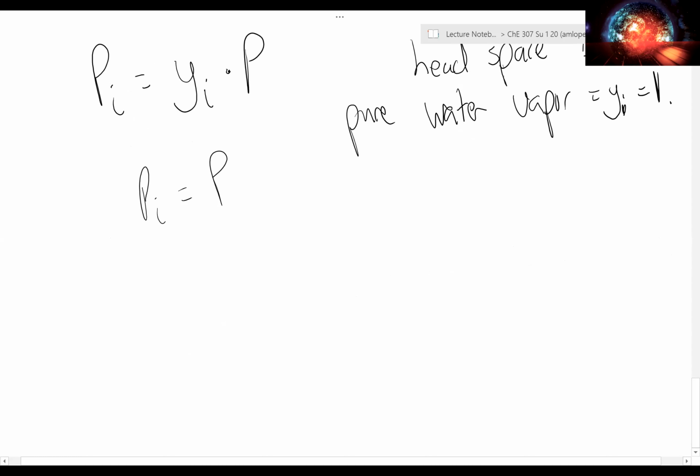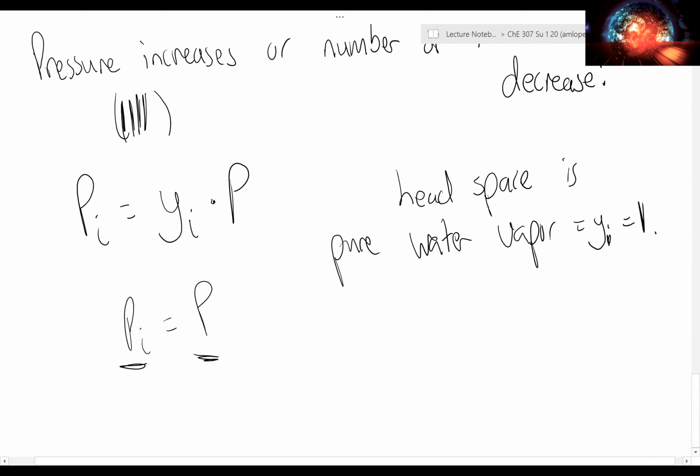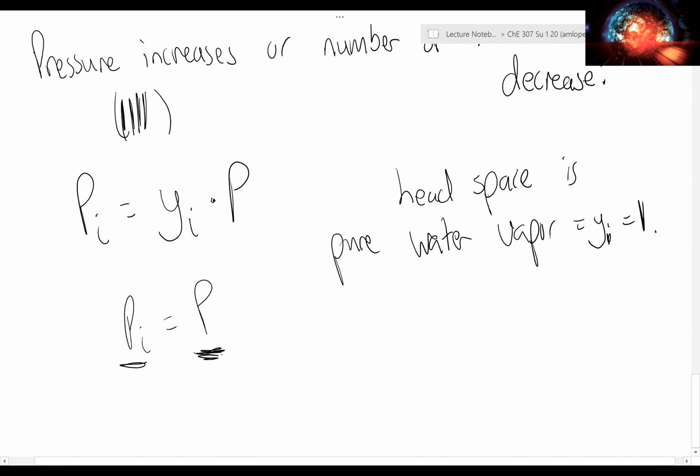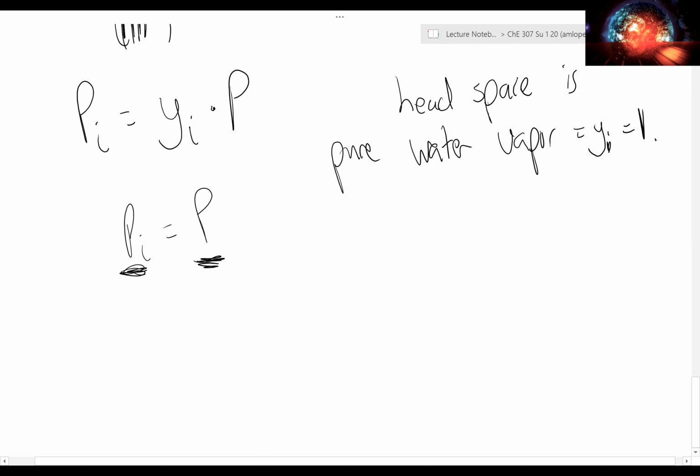And in that case, if the partial pressure is the total pressure, this question's not so straightforward to answer, primarily because if I increase the pressure of the system, I have to increase the partial pressure of the water vapor. And if I have to increase the partial pressure of the water vapor, my system will no longer be in equilibrium.